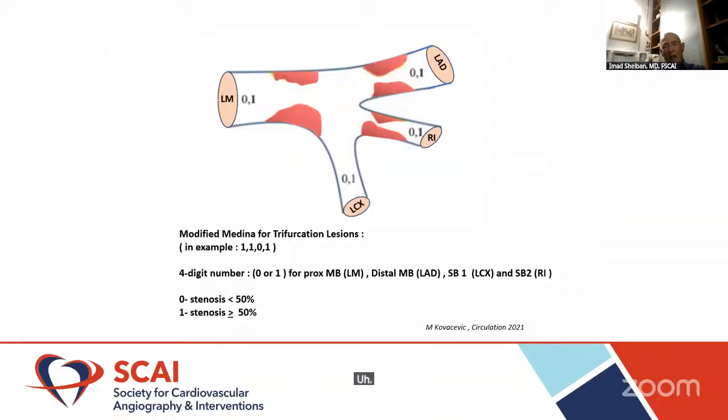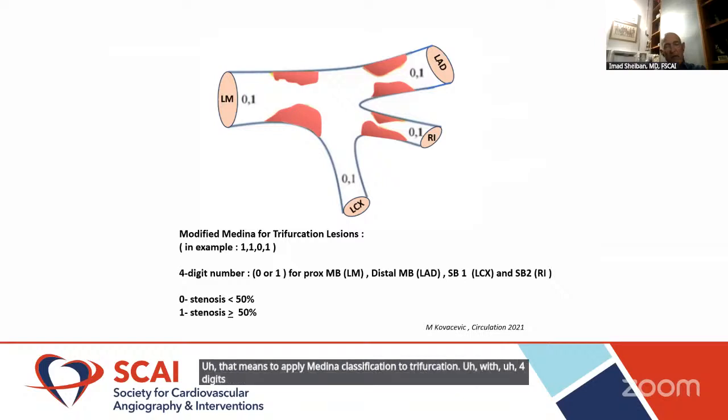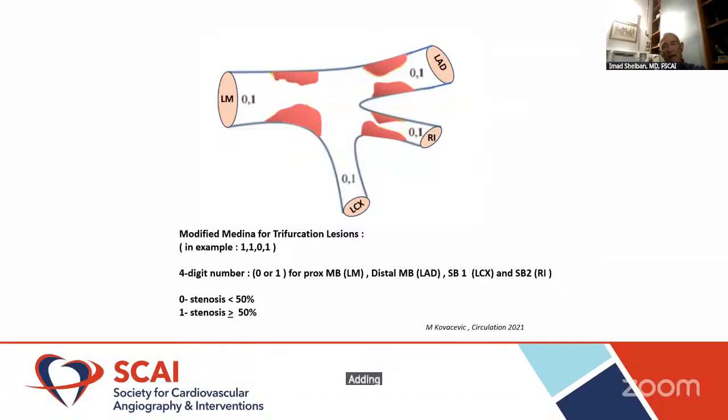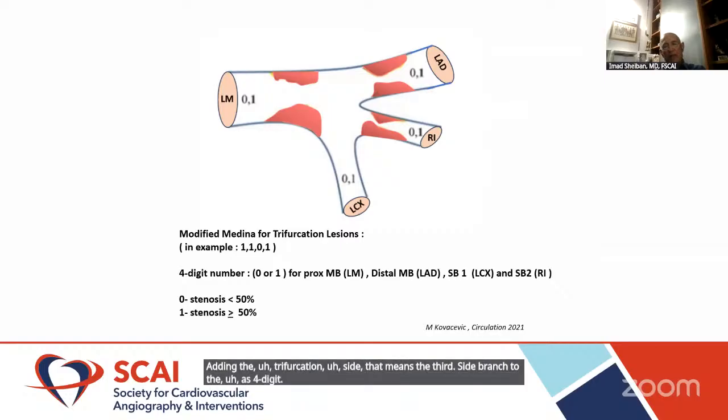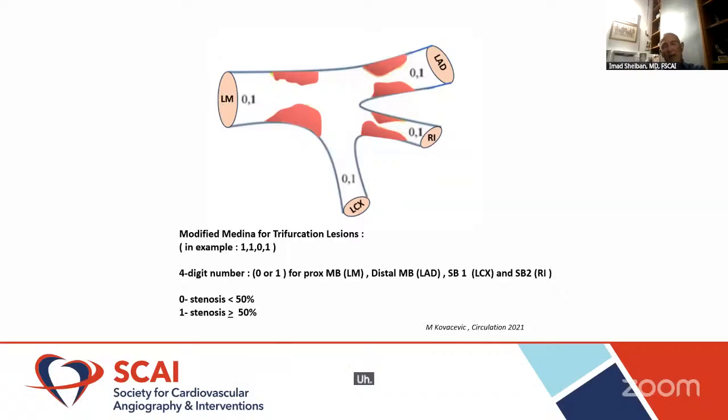That means to apply Medina classification to trifurcation with 4 digits as was proposed by Medina, but adding the trifurcation side, that means the third side branch, as the fourth digit. This can help in selecting the strategy for the treatment of this challenging lesion.